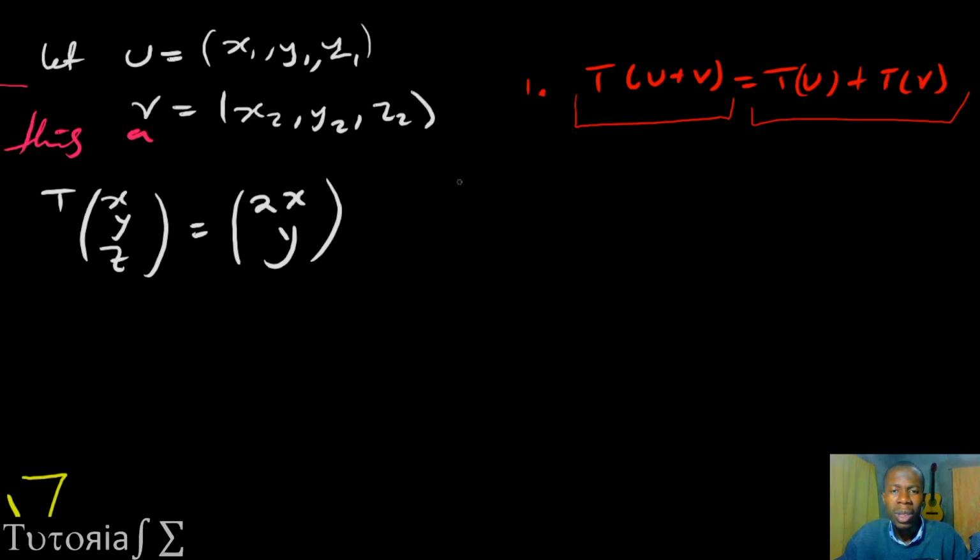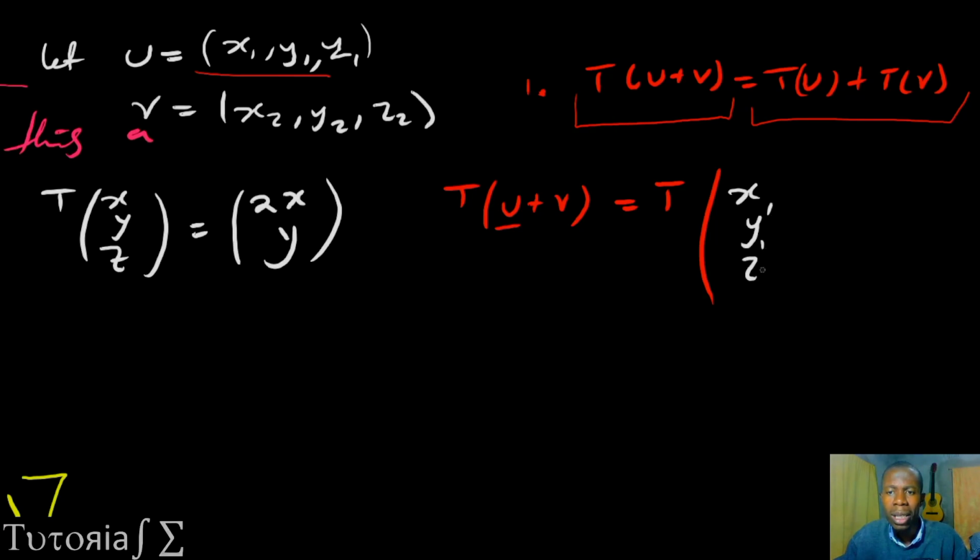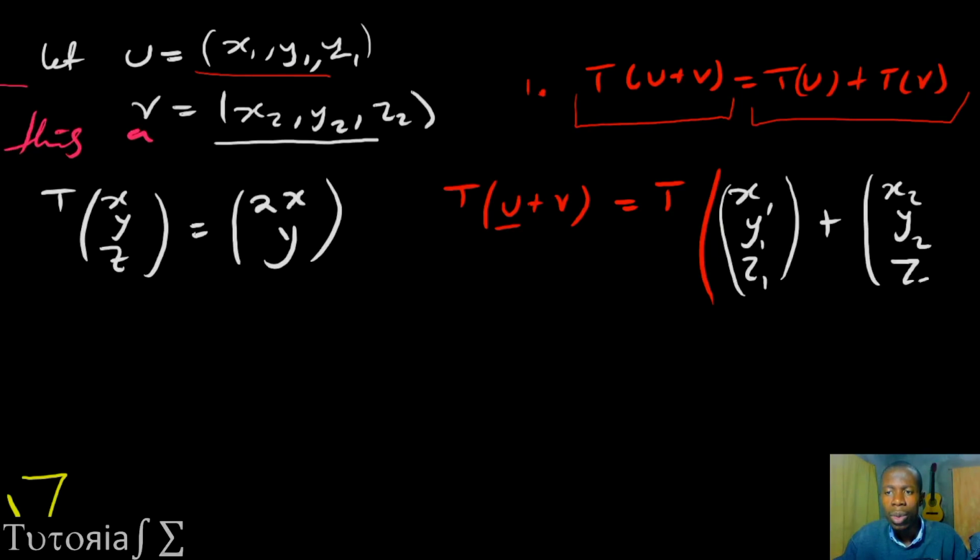So the transformation of u plus v is the transformation of our vector u, x1, y1, z1, added to v, x2, y2, z2.